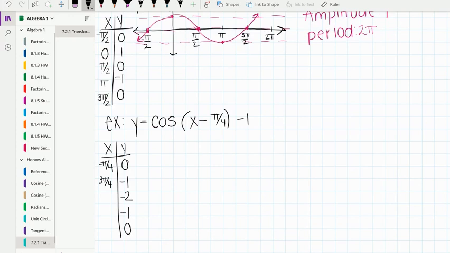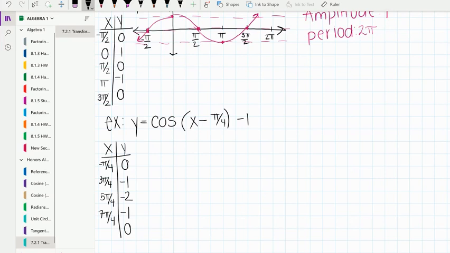The next original x value is pi. We can make that 4 pi over 4 plus pi over 4, which is 5 pi over 4. And then we have 3 pi over 2, which you can make 6 pi over 4 plus pi over 4, which is 7 pi over 4.